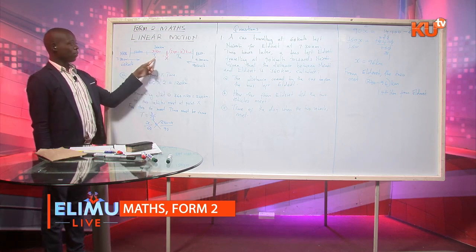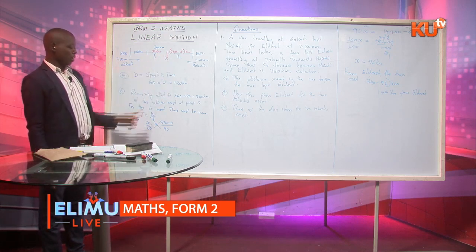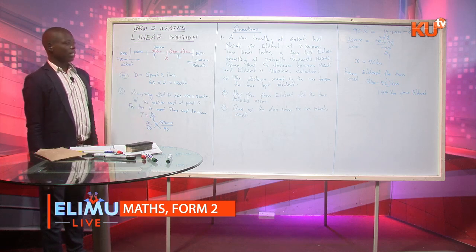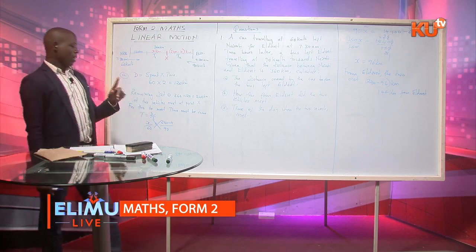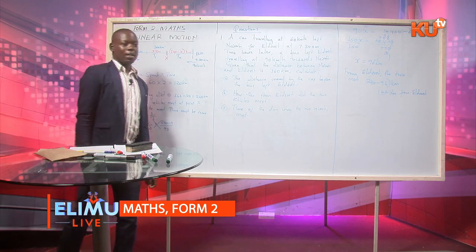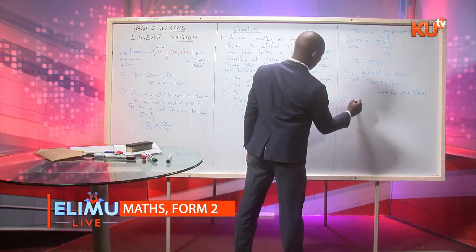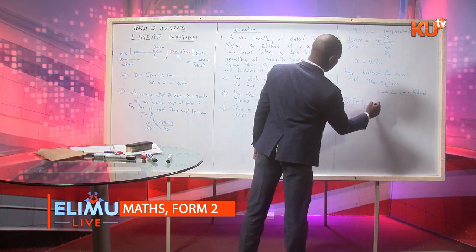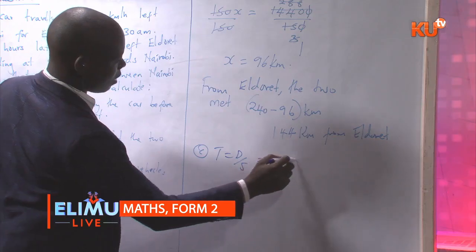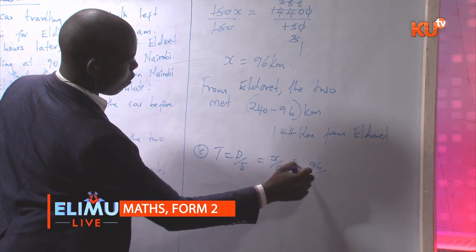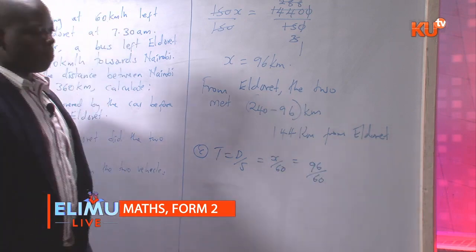So the first expression for time is T1, which is x over 60. So I simply replace x with 96 and then divide to get time. Time is distance over speed, so x over 60 implies 96 over 60.